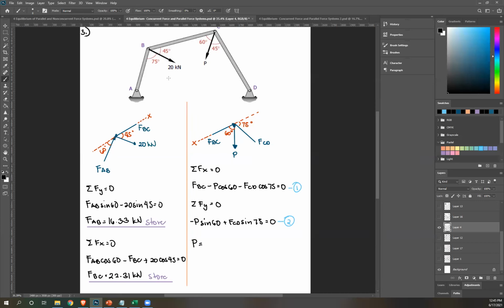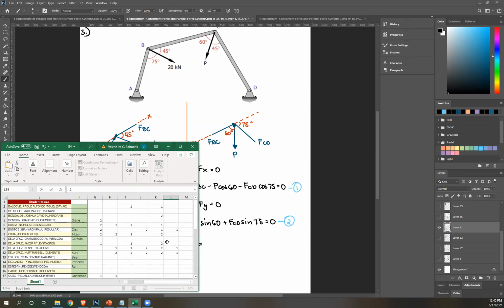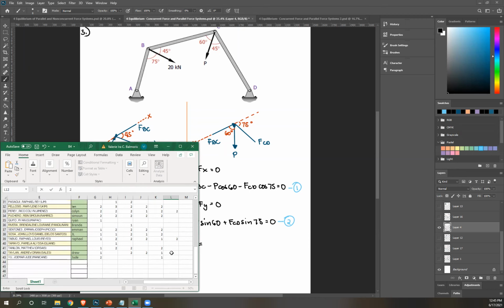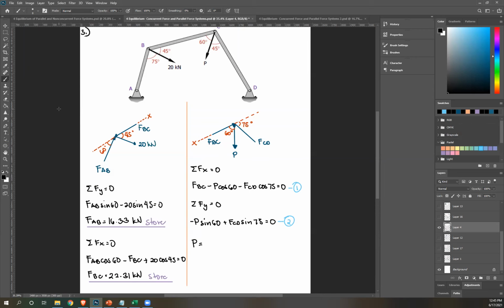Correct, 30.48 or 47. So I think it's 30.47, not 48, if you use the stored value.